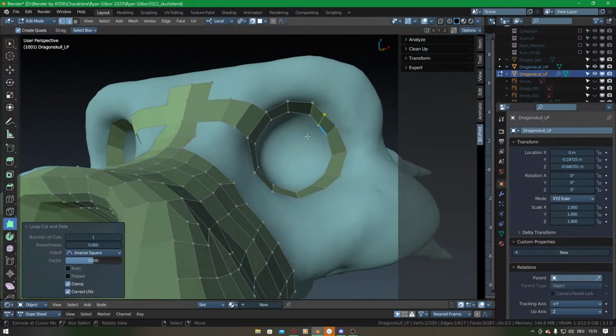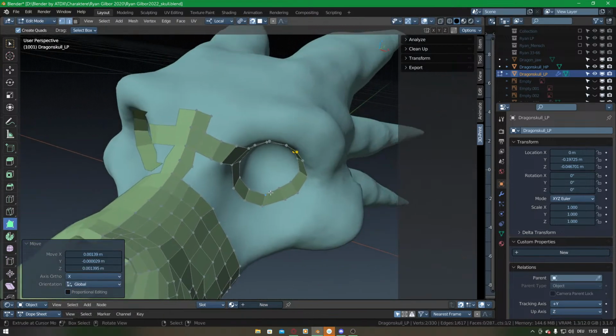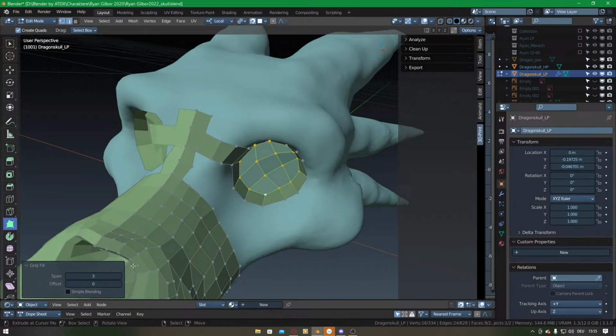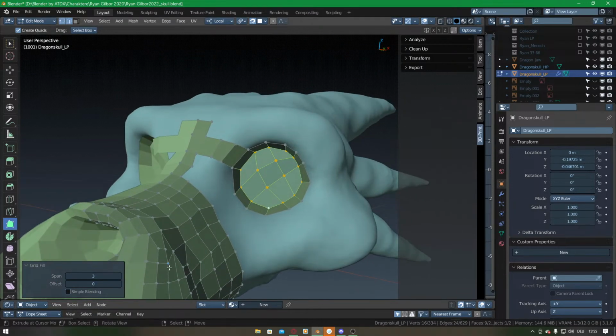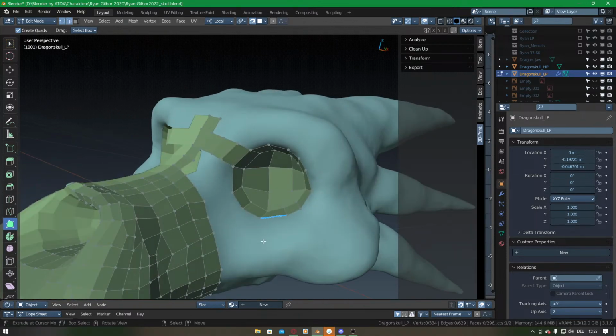Let's do it over here. All right. Yeah, that's good.